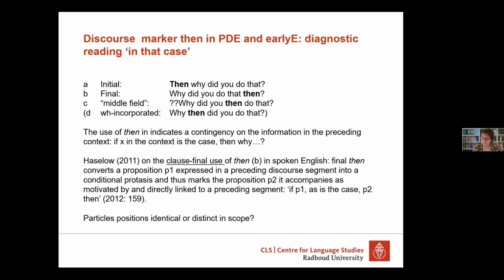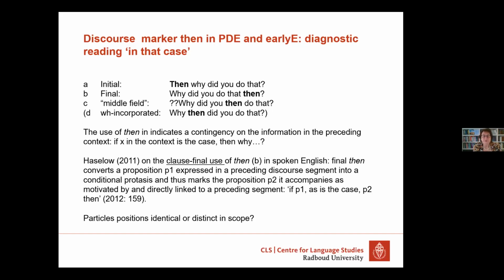And I've added a fourth order in brackets, and that's the WH incorporated: "Why then did you do that?" This is the same kind of pattern as Bayer and Obenauer discuss in their article. I'll leave that aside. This pattern occurs throughout the history of English at very, very modest frequencies in the corpora that I looked at.